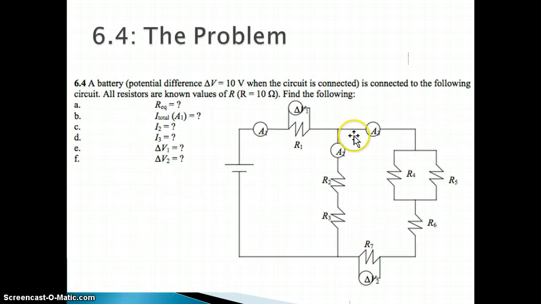Now we have to look at the giant parallel circuit, and within this circuit we have to add the number of ohms together. So this is 5 ohms, this is 10 ohms, and this is 10 ohms. So that would be 1 over 5, considering that it's a parallel circuit, and we would add it to 1 over 10, and 1 over 20.